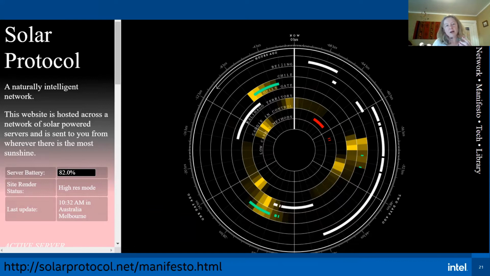And what they did was they built a website that they host at specific servers around the world. So not big cloud computing, but just, who's willing to host this website on their smaller server. And they load the website onto your computer based on which of those servers has access to solar at the moment, right?